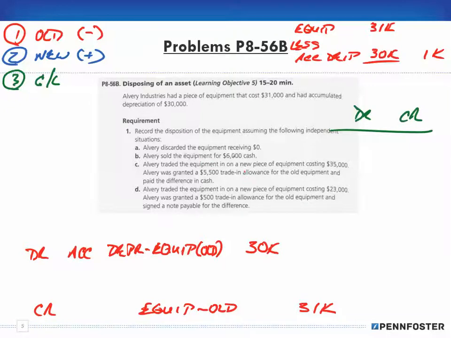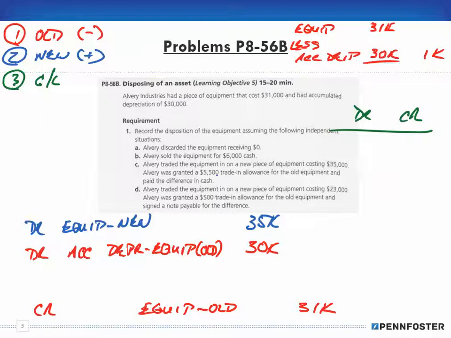Now we're getting new equipment, okay? So the new equipment costs 35,000, so I'm going to debit equipment new for 35,000. Okay, and now we have to deal with our cash situation.